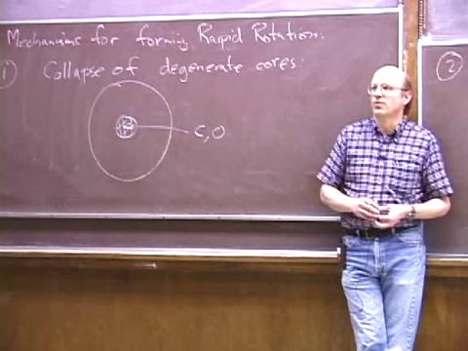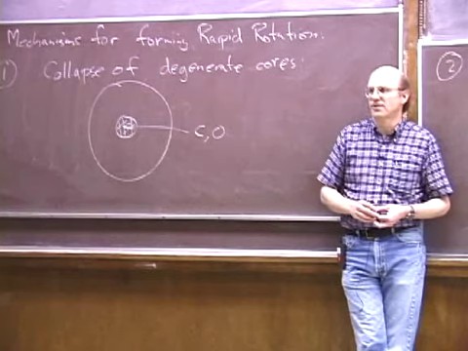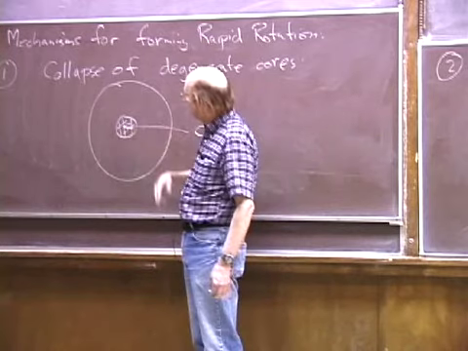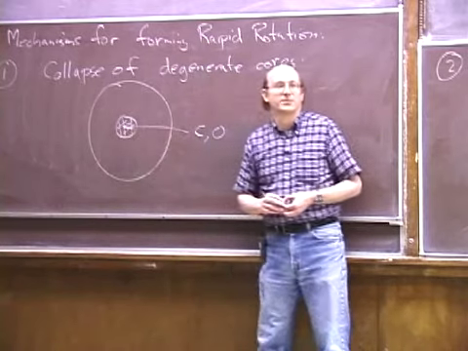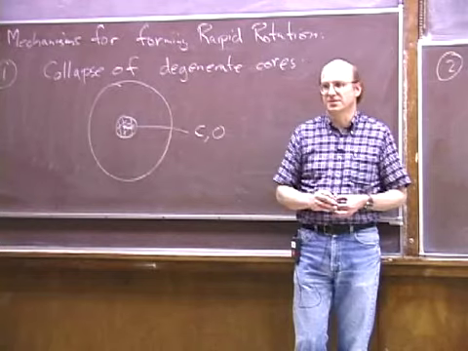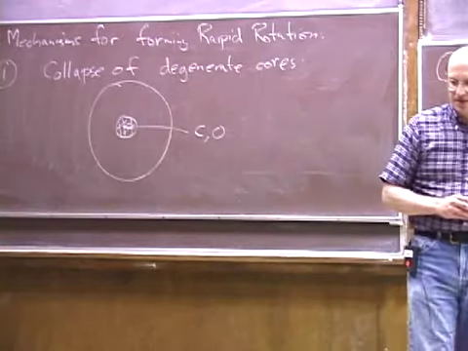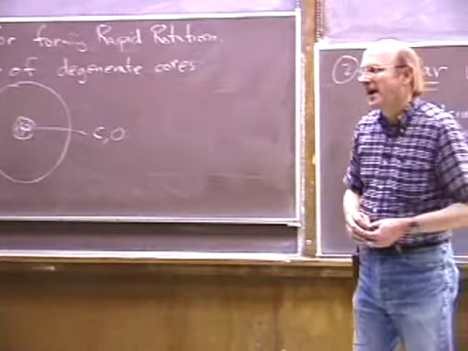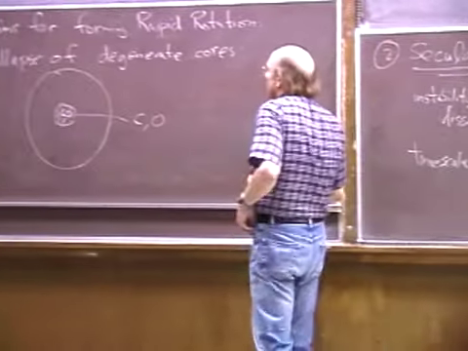It starts being supported by electron degeneracy pressure, and that can happen only until the mass of this core is something like 1.2 to 1.4 solar masses, depending on exactly what the makeup of the material in the core is. So when that happens, it collapses.